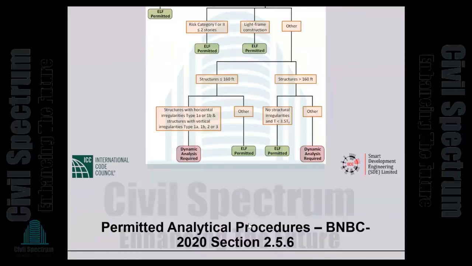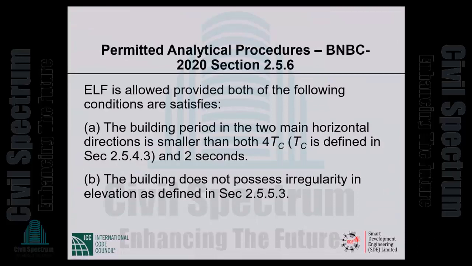In BNBC, very interestingly, equivalent lateral force procedure is allowed provided both of the following conditions are satisfied. Here I see a typo. The building period in the two main horizontal directions is smaller than both 4 times T_C, T_C is T sub S, remember, and 2 seconds.